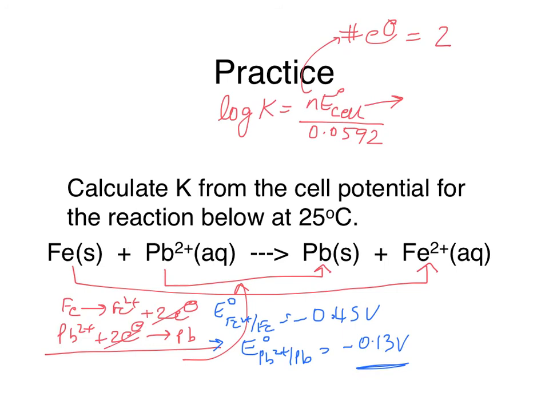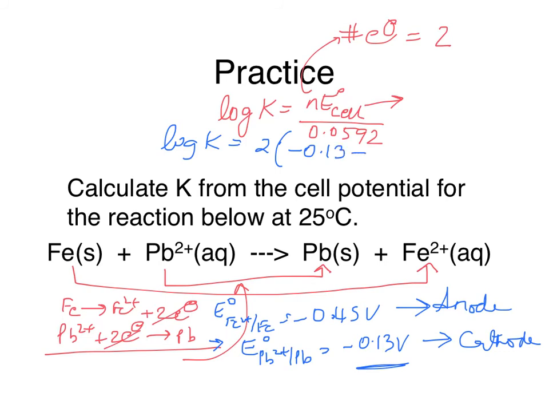And now we are going to plug in our numbers. So in my formula, log K is going to look like 2 times cathode, which is the lead, because that's where reduction is taking place. Anode is where the oxidation is taking place. So I'm going to say minus 0.13 minus, minus 0.45, divided by 0.0592.